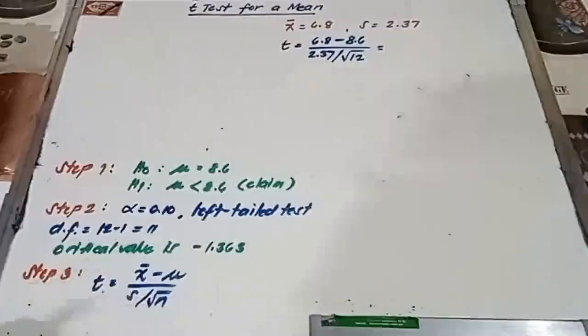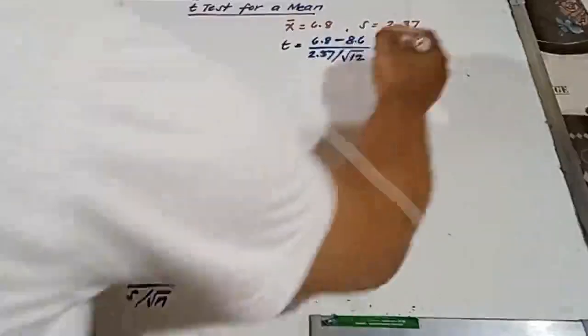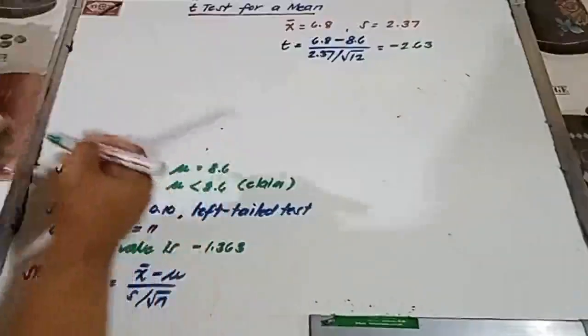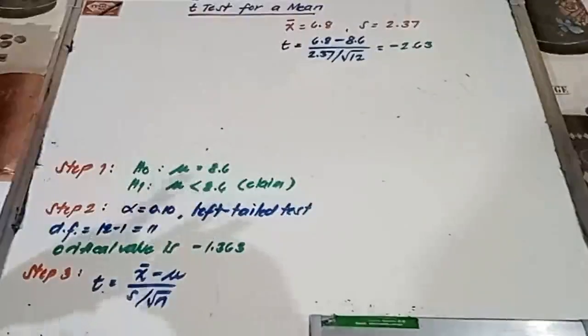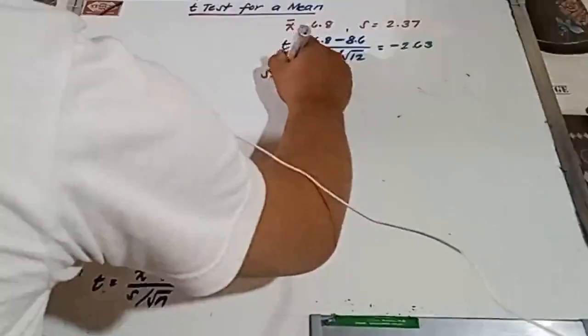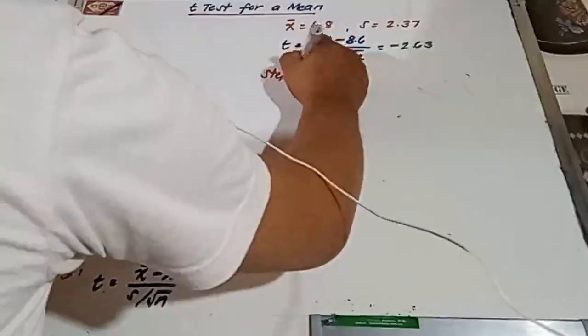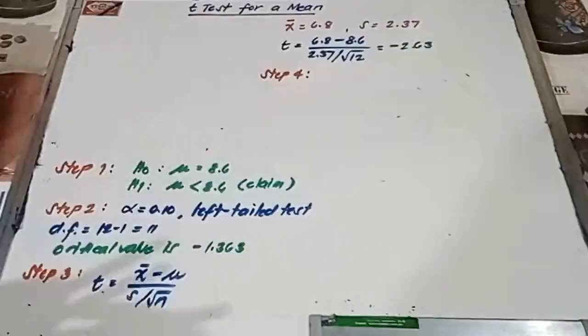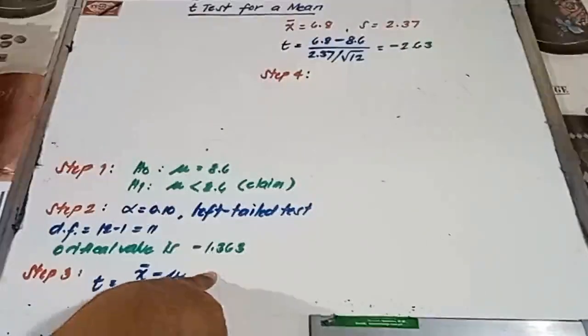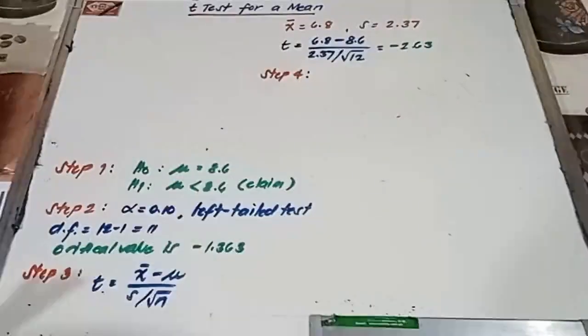So, gamit ulit yung ating scientific calculator, our value is negative 2.63. Now, so sa step number 4 natin, so we're going to make a decision based from our computed value. Okay? So, mapapansin natin, yung ating critical value is negative 1.363 and our computed t-value is negative 2.63.